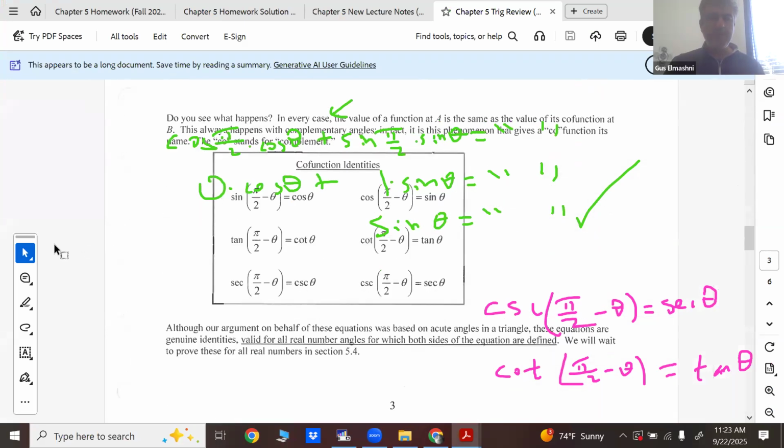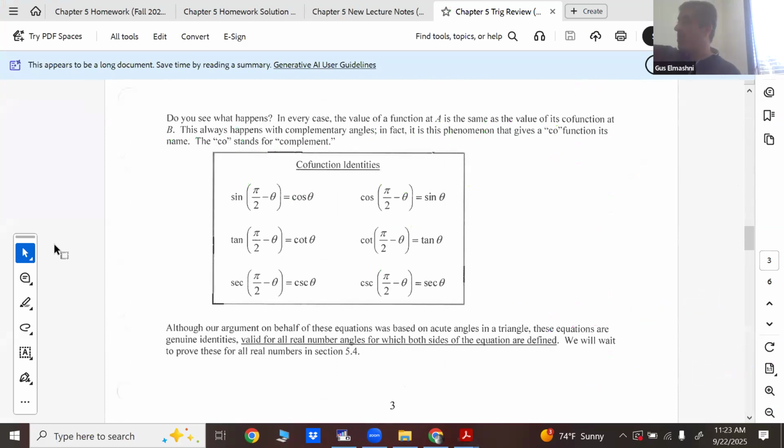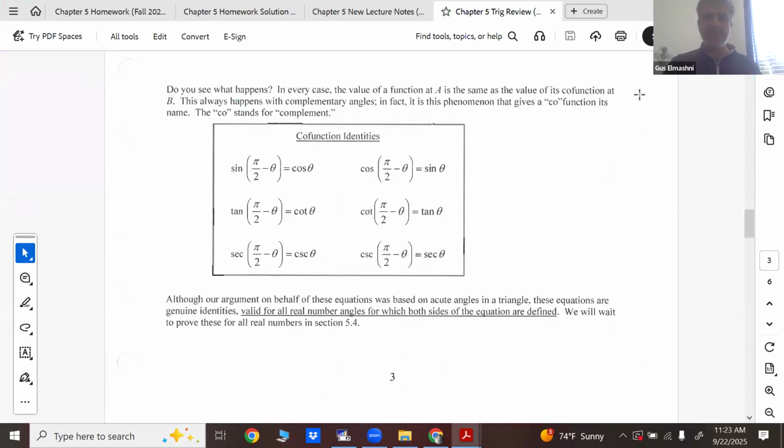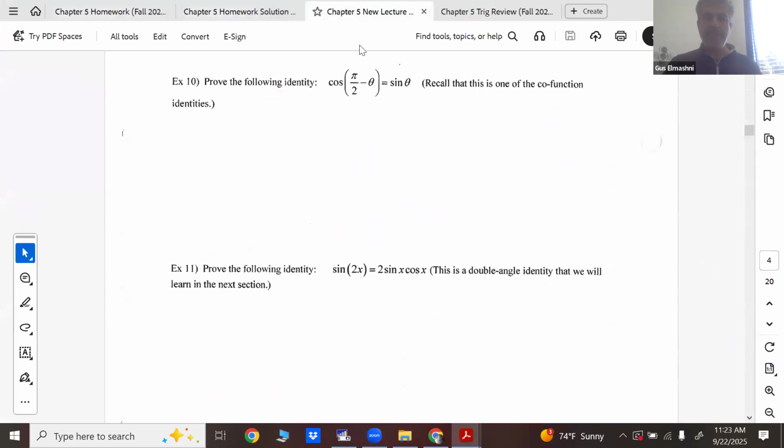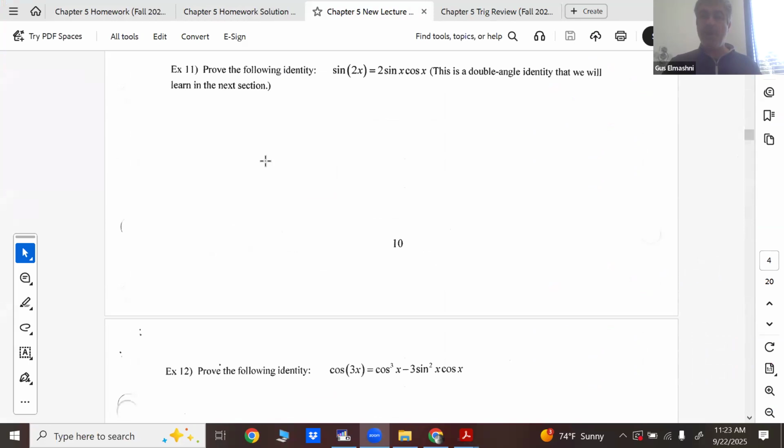Yeah, here we go. In the trig review, it's all right there. Those are called the co-function identities. So now you guys know. You could just use it. Now let's move on to something else. This is called the double angle identity, which we're going to talk about in a moment.